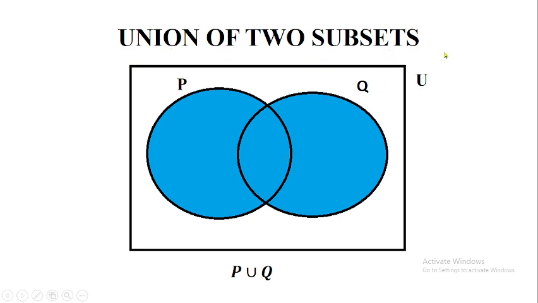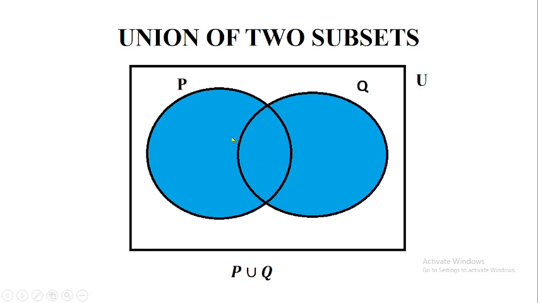We have the universal set and we have set P and set Q, and they intersect. If we color this whole diagram blue, the space that is colored represents the union of P and Q. You have to combine all the elements in P and Q. That is what the whole shaded portion here represents, P union Q.